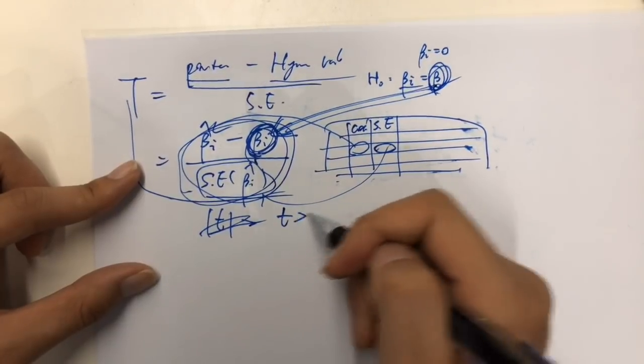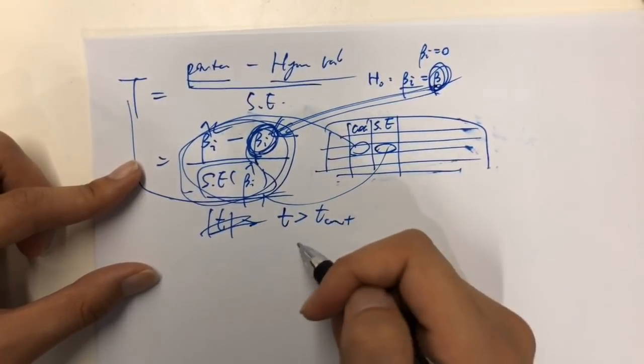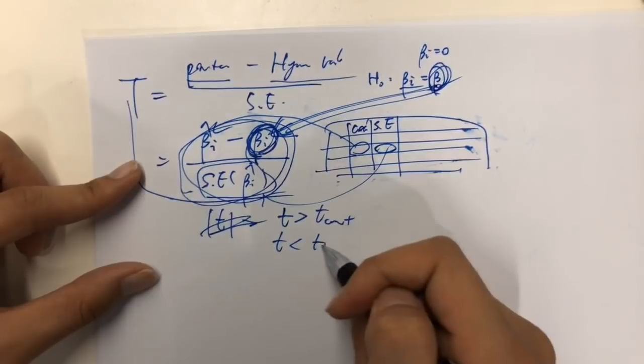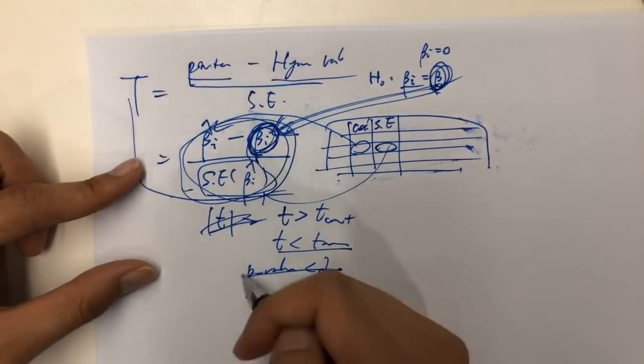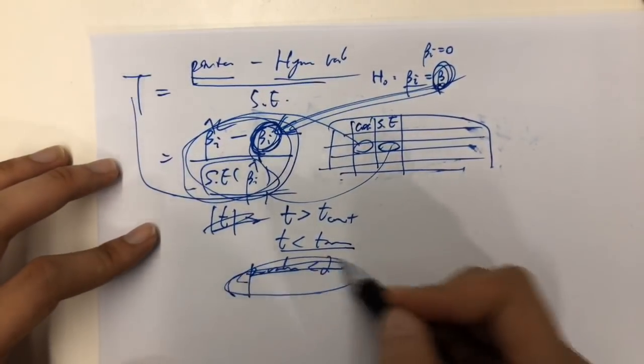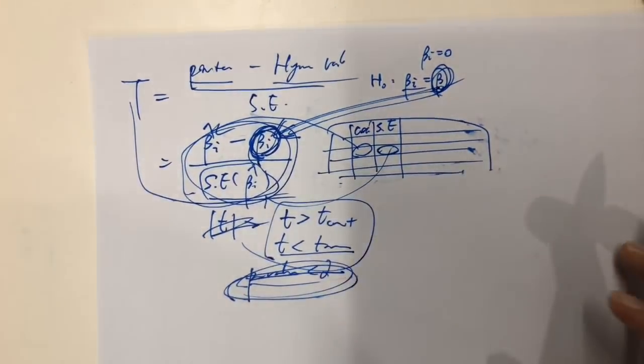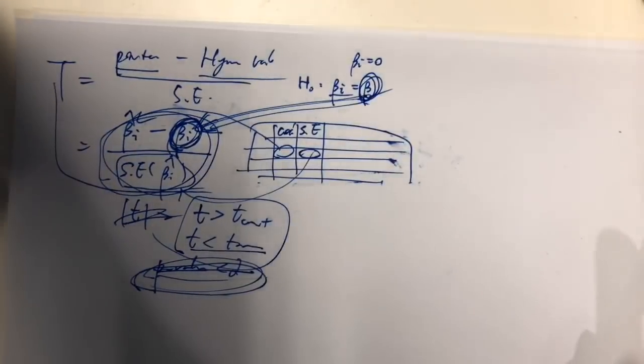If it is one tail, check whether t is greater than the critical value, or t less than the critical value if it is left tail, or look at whether the p-value is less than alpha. But you're probably not given alpha or the p-value, so you probably need to know the critical value, I guess.